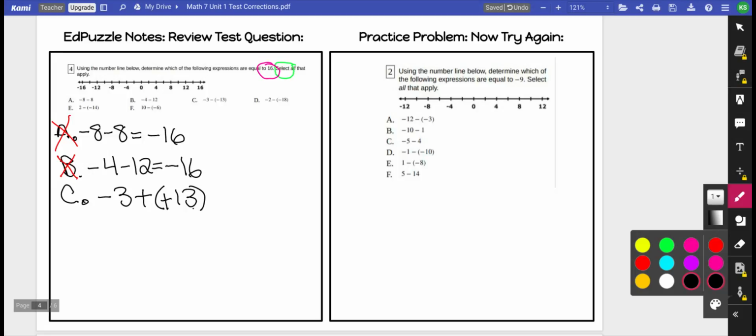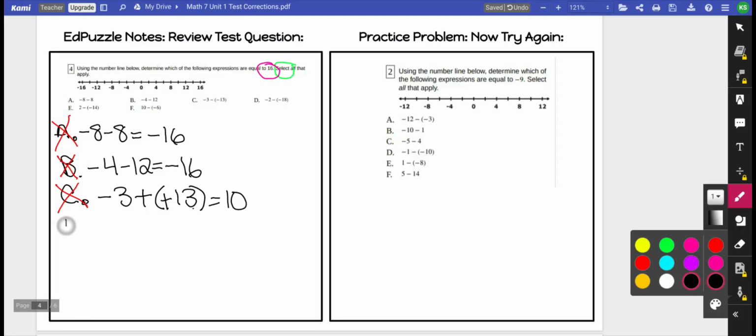So if I have 13 and I take away 3, I have 10. We're looking for positive 16. So again, not our answer. We will get an answer soon. Okay? We only have 3 more.